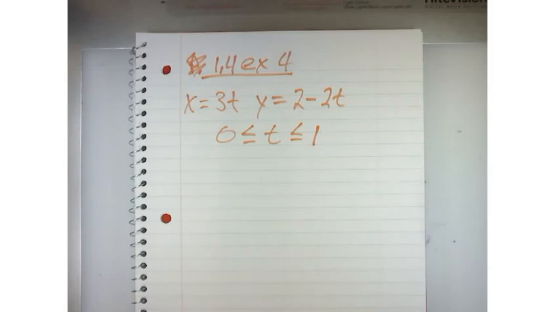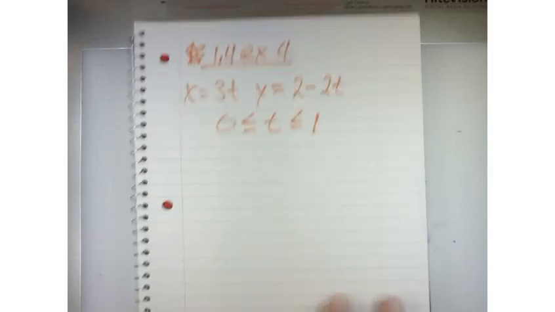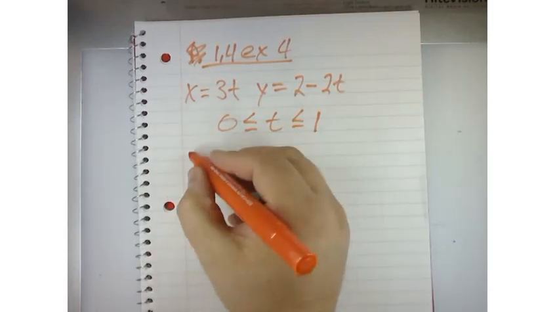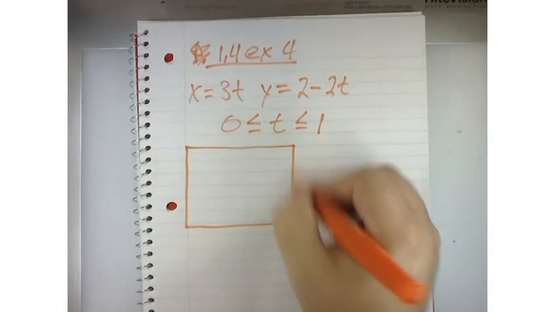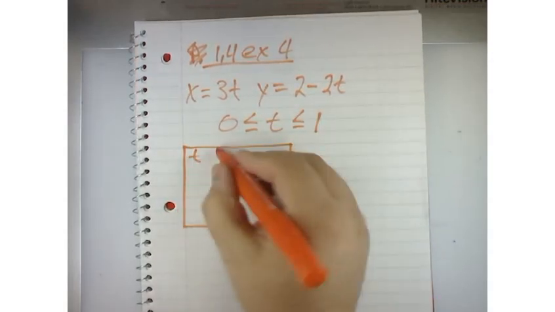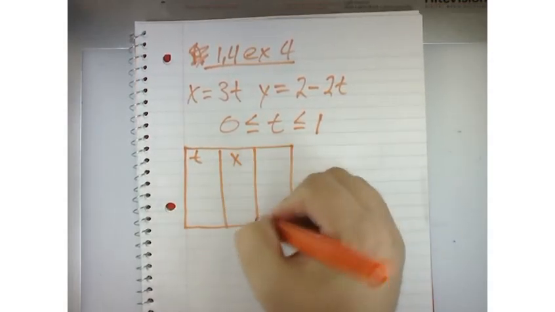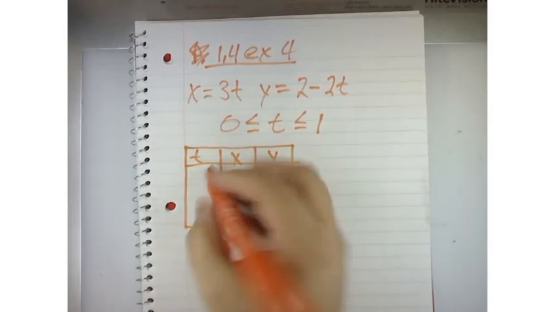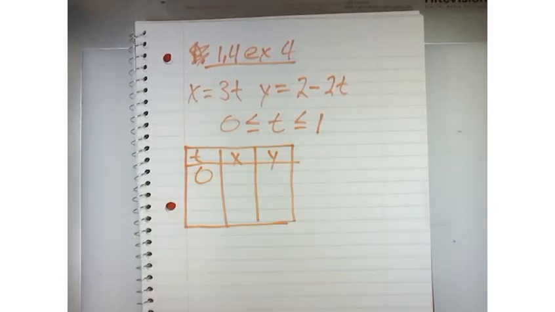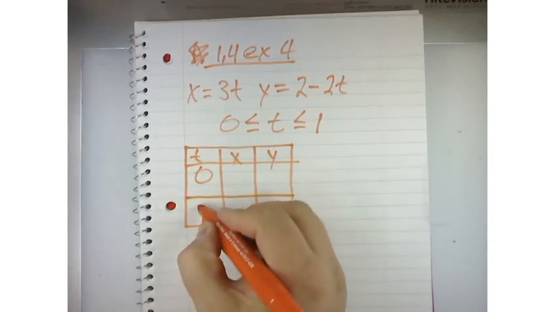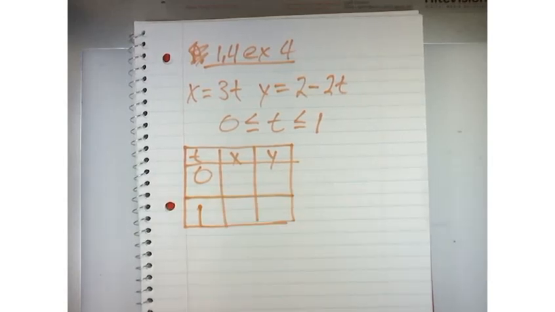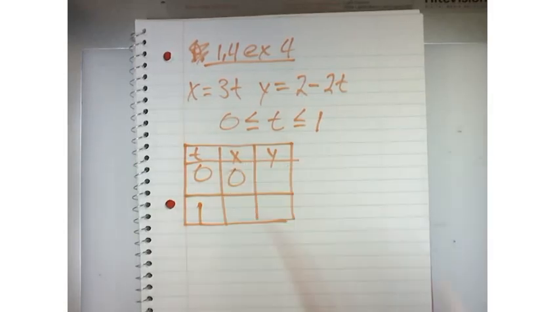Well, I like to write things out by hand, so let's do that too. If I make a table of values, and I have t, x, and y. If I let t equal 0, then my x value will be 3 times 0, which is 0.